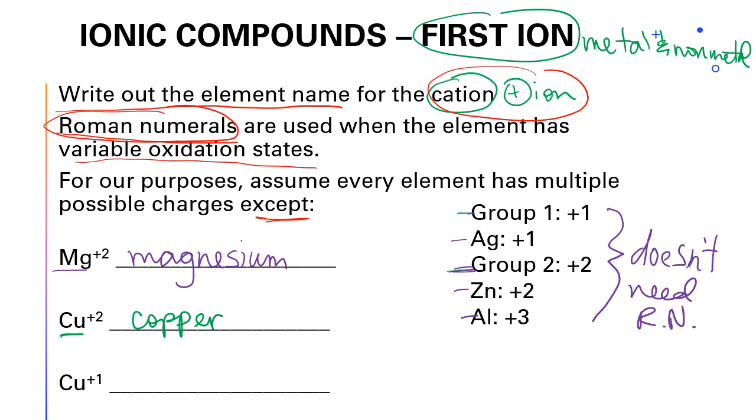So copper does need the charge, and the Roman numeral for 2 is II. Then we have copper again, but this time the charge is +1, so it would be copper I. So Mg 2+ is just magnesium, Cu 2+ is copper II, and Cu 1+ is copper I.